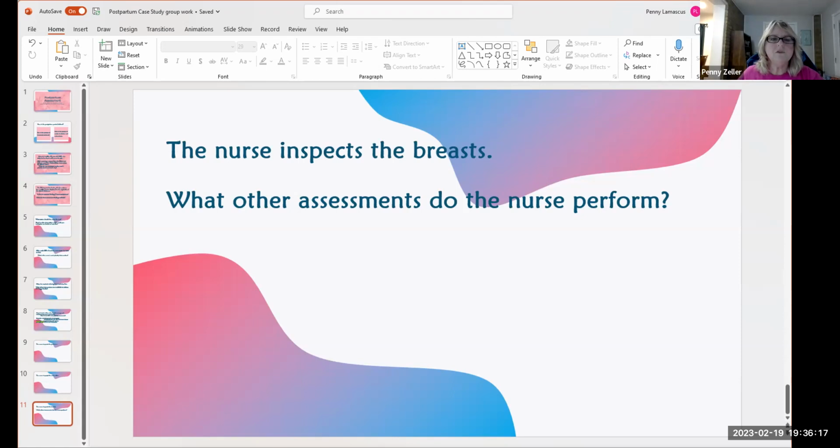Do you feel like you understand the postpartum period as far as priority, what you would see or anticipate based on the client's history? So other than multi-fetal pregnancy, what are some other things that can cause postpartum hemorrhage? Preeclampsia?